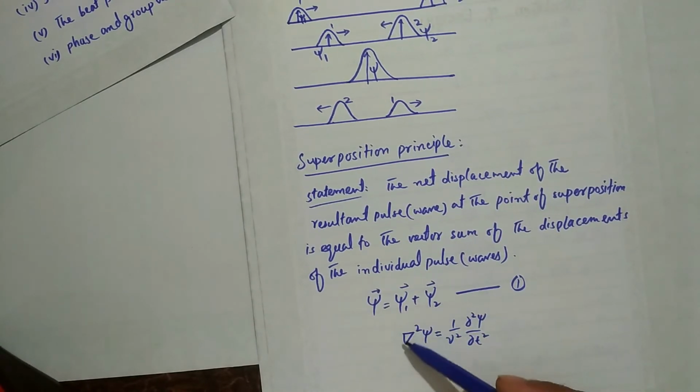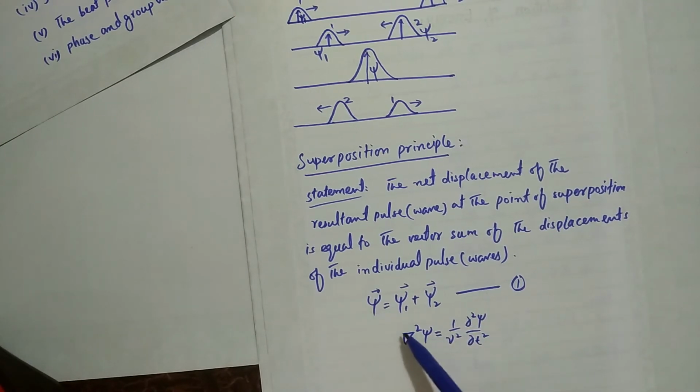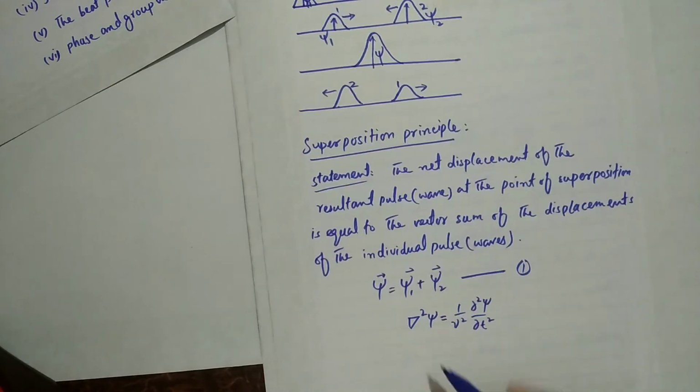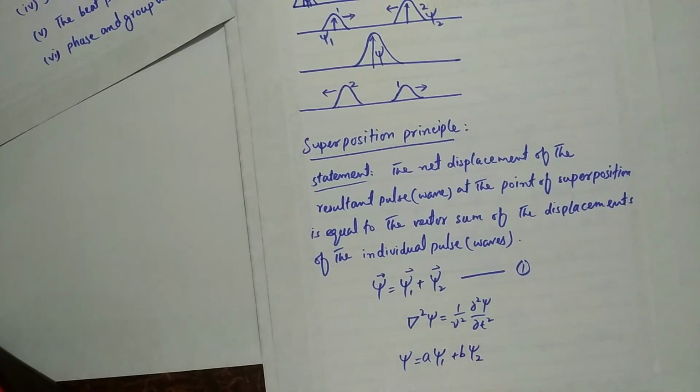If psi 1 satisfies this wave equation and psi 2 also satisfies this wave equation, then the resultant wave will also satisfy this wave equation. Clear? Here this psi is equal to a times psi 1 plus b times psi 2, where a and b are constants.